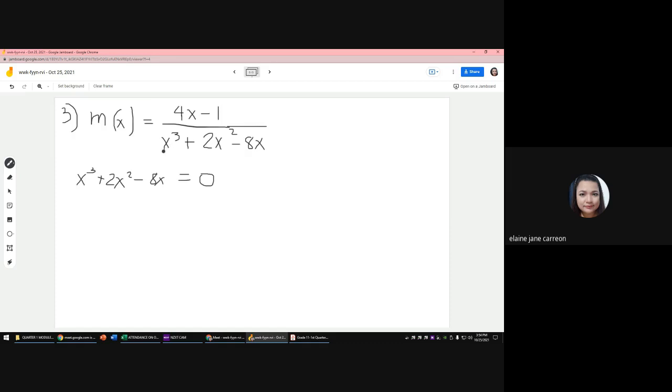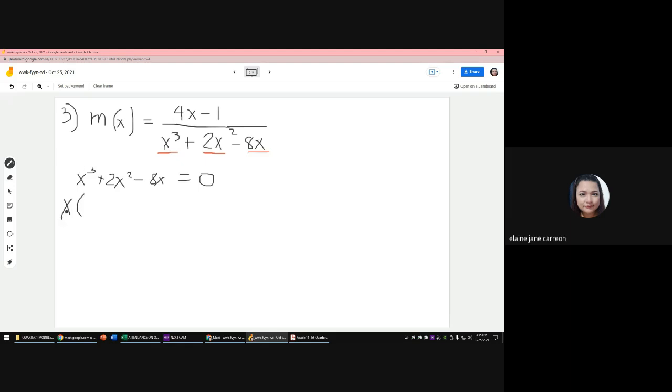If we factor out x from each term, as you can see, we have x cubed here, 2x squared, and 8x. All of the terms have a common monomial factor, which is x. So we will factor out x.